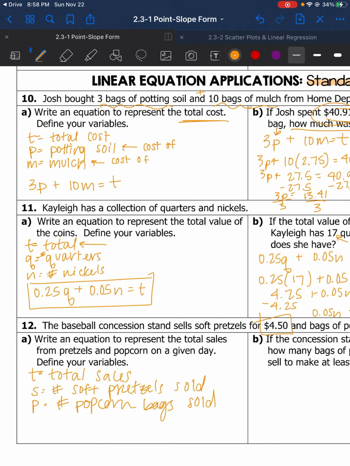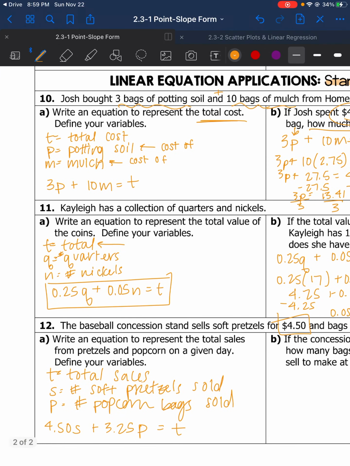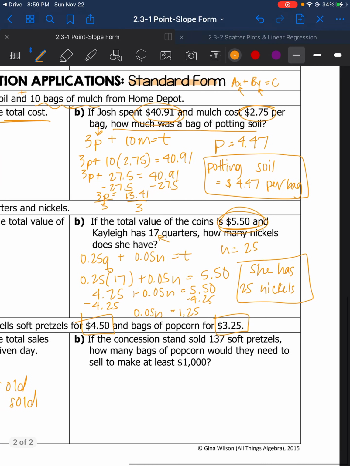Okay, so we have 4.50 for soft pretzels. So 4.5 times the number of soft pretzels plus 3.25 times the number of popcorn bags sold is equal to total sales. All right.